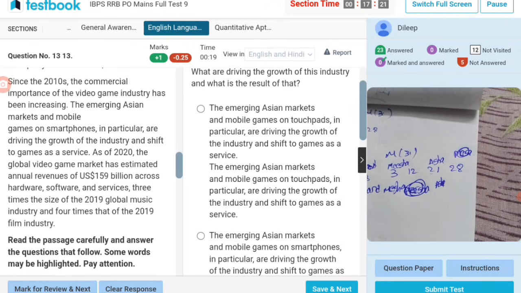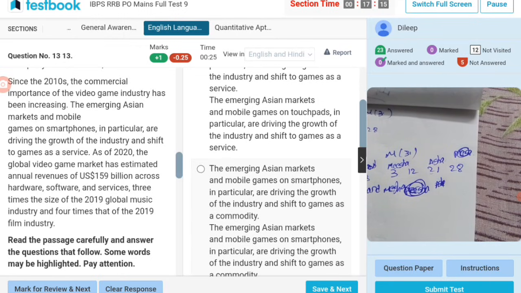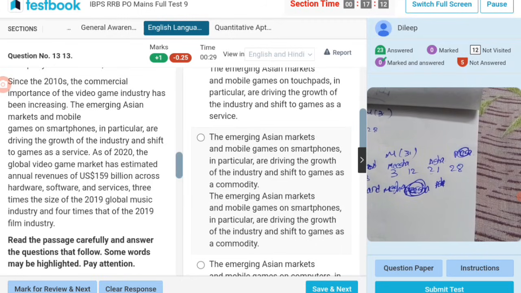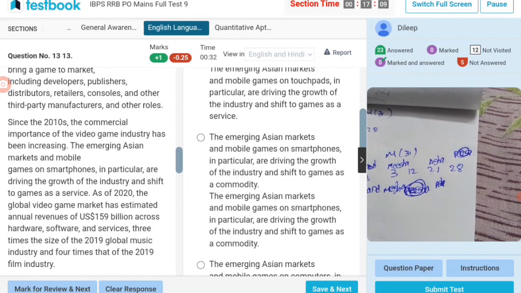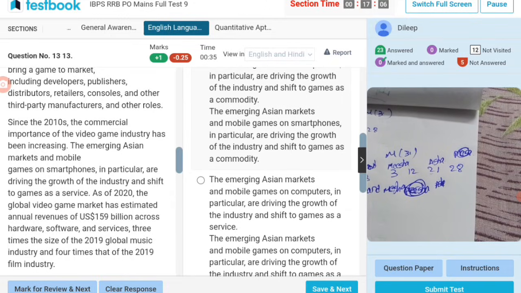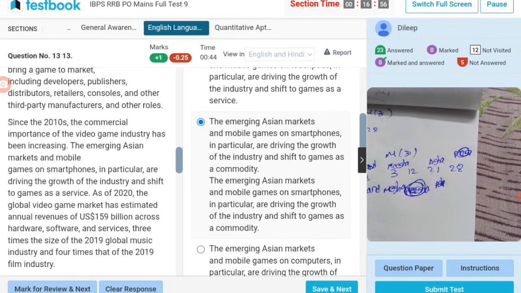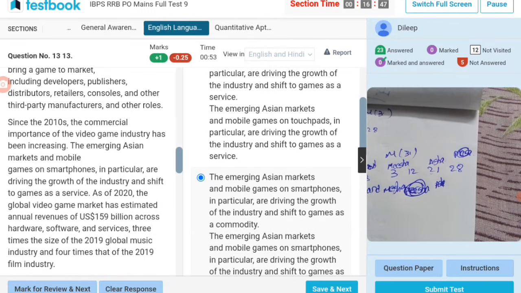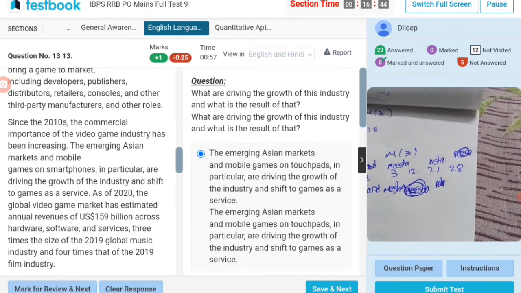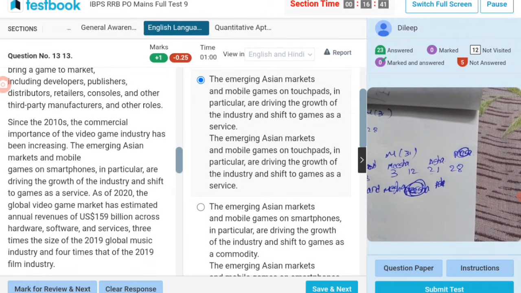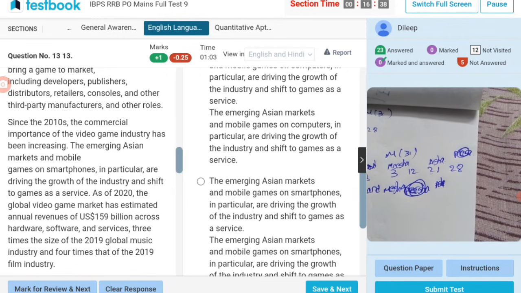As a service, commercial importance, the emerging Asian markets and mobile games on smartphones in particular are driving. Commodity. Smartphones.